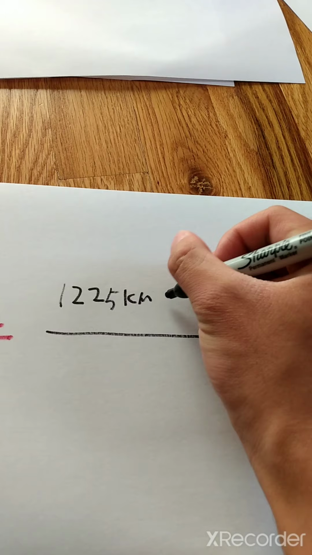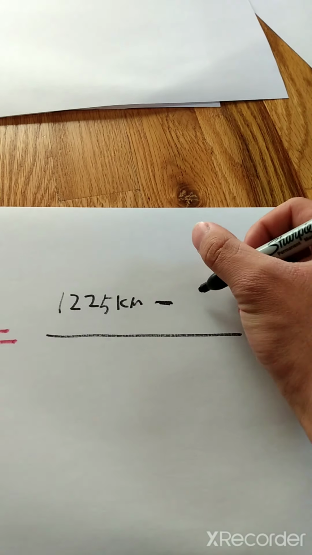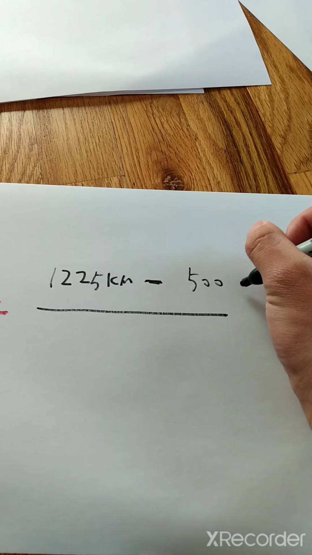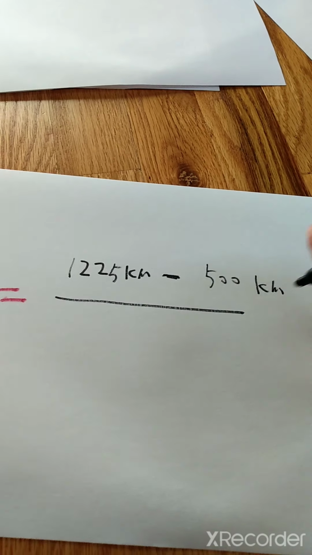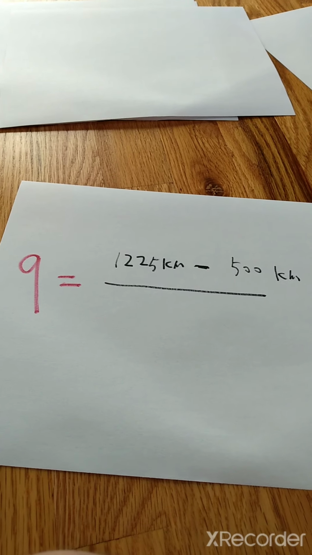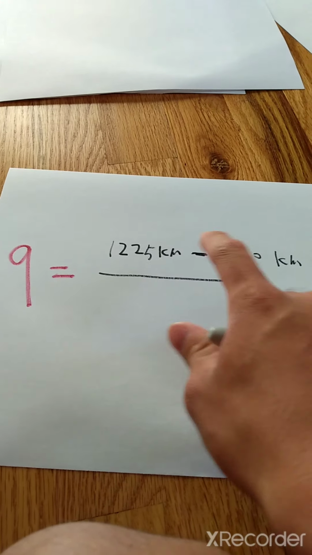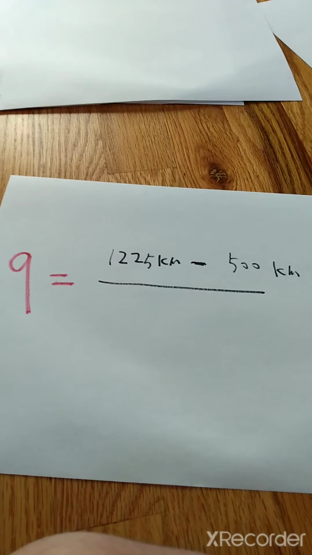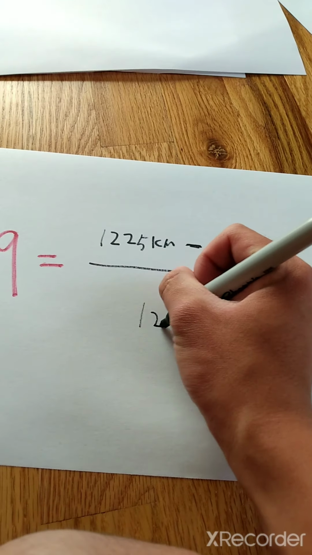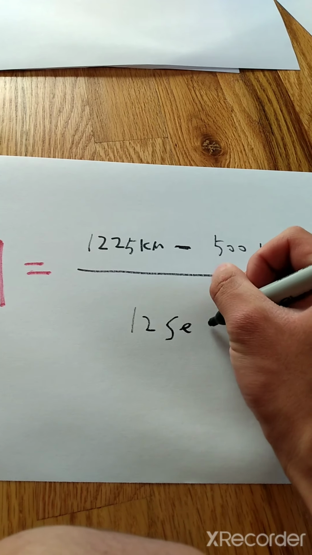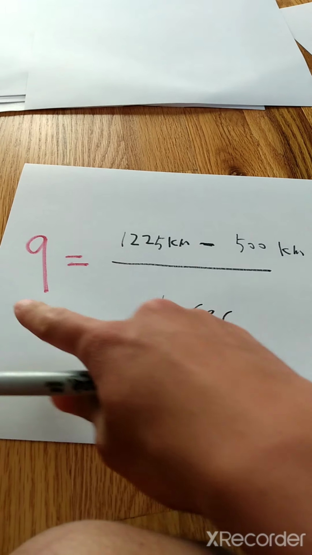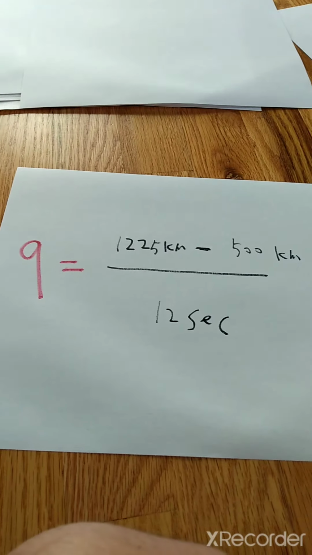And we have to find the difference from the starting velocity. The Shinkansen was racing at 500 kilometers an hour. And from the video, for the Shinkansen to get from 500 to Ultra Evolution, it took 12 seconds. So we have all the information to find what acceleration is.